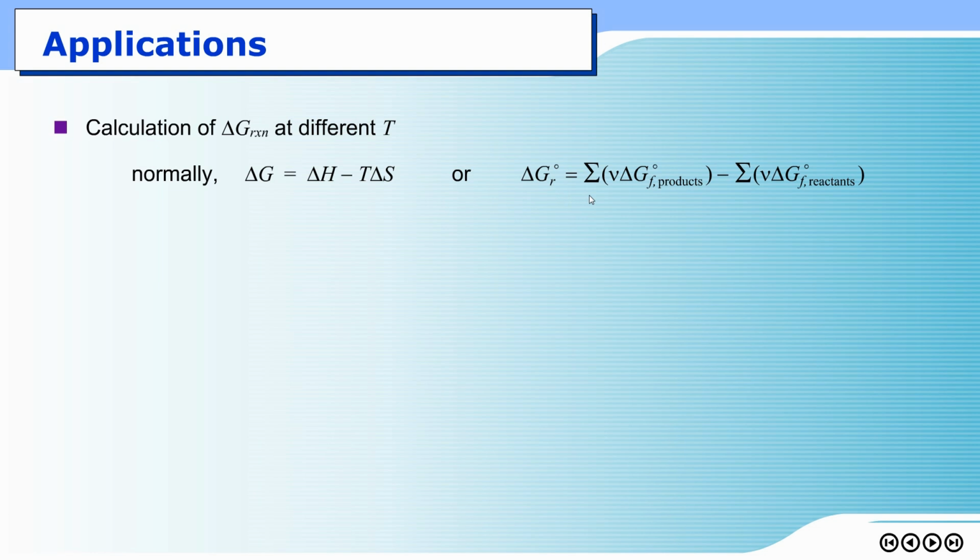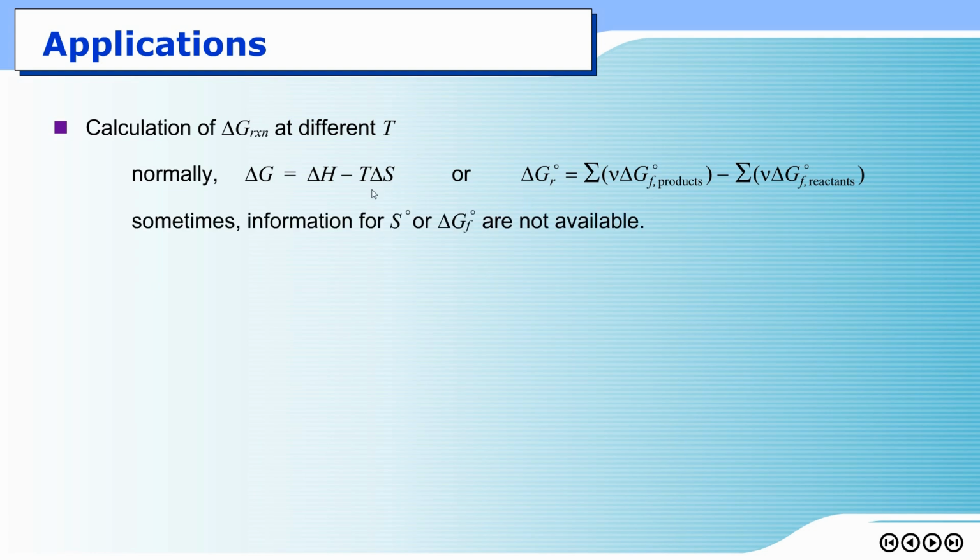Or you can also use the Gibbs free energy of formation of the products subtracted by that of the reactants. Then you can get delta G of reaction as well. But again, if you want delta G of reaction at an unconventional temperature, the Gibbs free energy of formation here must be at the same temperature, and sometimes you cannot have the data.